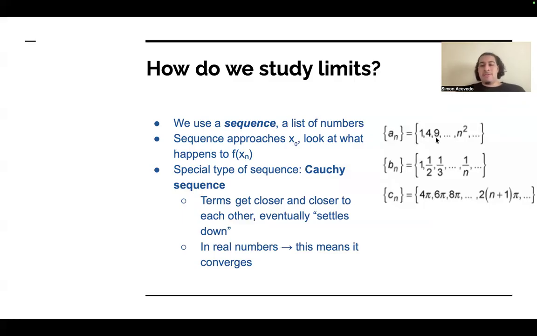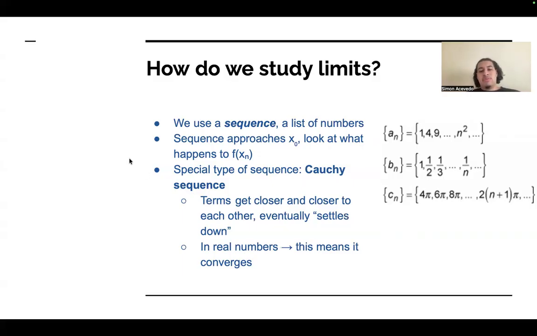For every term you square it: 1 squared is 1, 2 squared is 4, 3 squared is 9, and it goes on to infinity. And here's another one, b sub n, where it's 1 over n: 1 over 1, 1 over 2, 1 over 3, 1 over 4. And then here, same thing, 2 times n plus 1 pi, right? So it's just a list of numbers that follow a certain pattern.